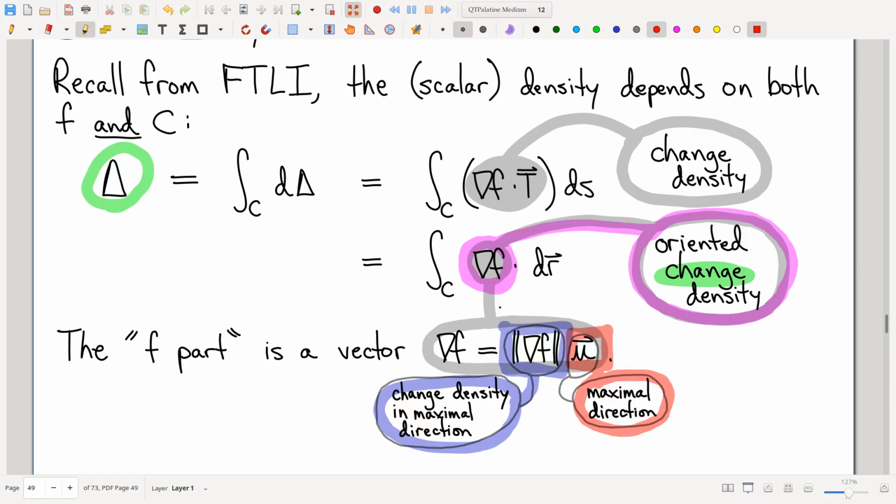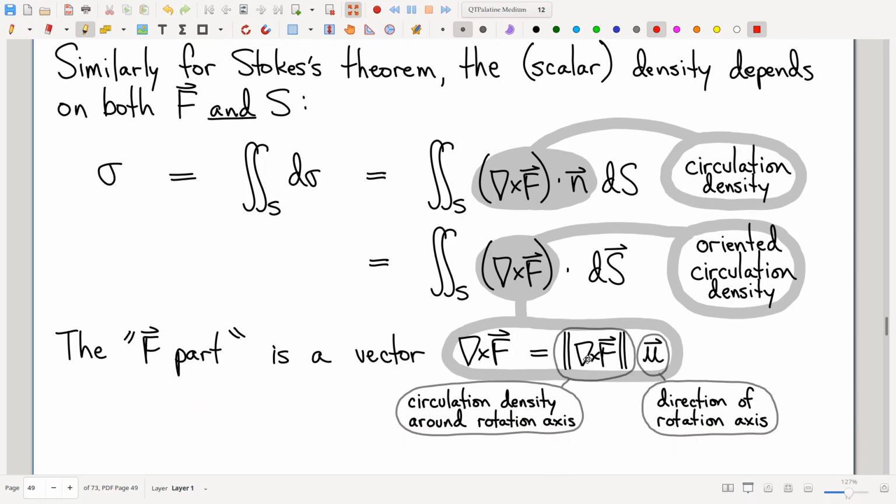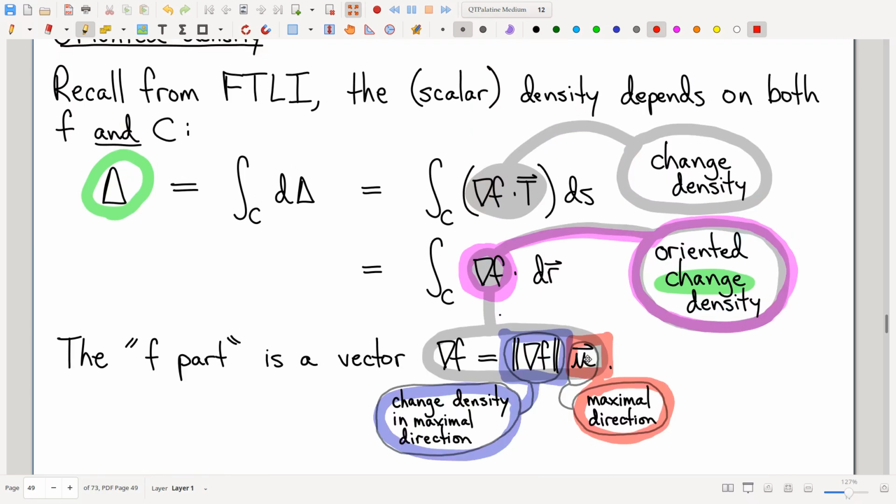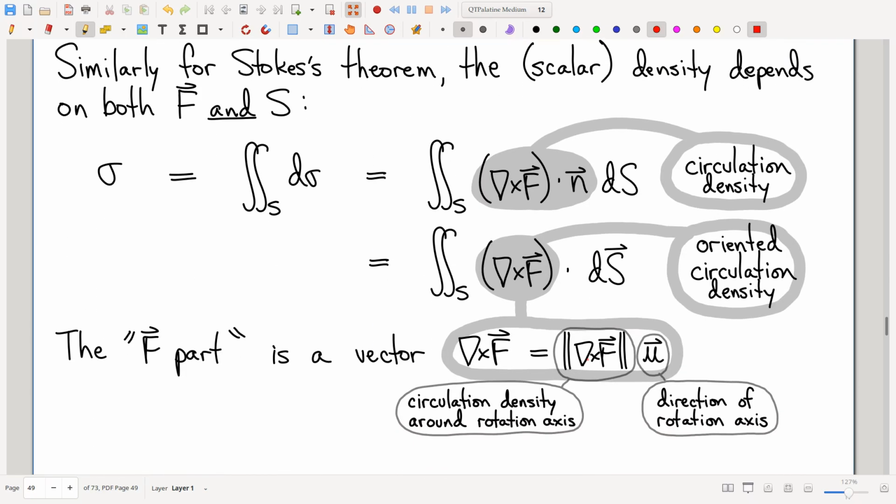Okay, so with that in mind, note what I have here. It's laid out on the page very analogously, right? Same layout, so I'm trying to make the analogy as strong as possible. And again, we have this previously noted circulation density. Now we want to know how to make sense out of curl itself.